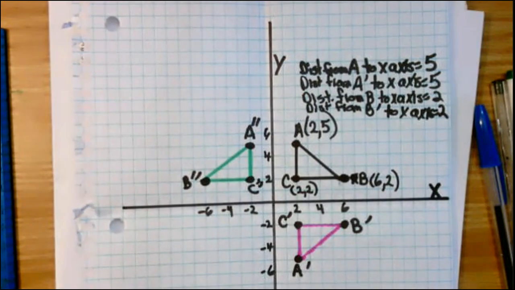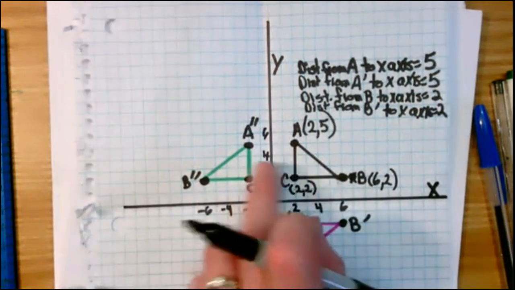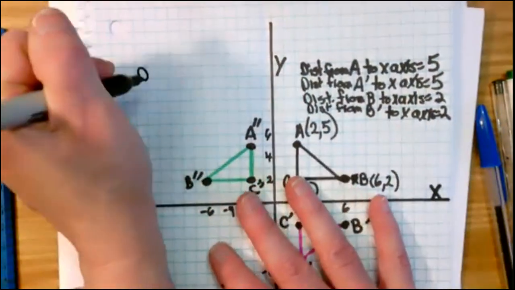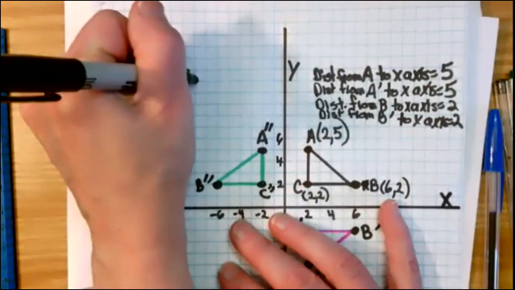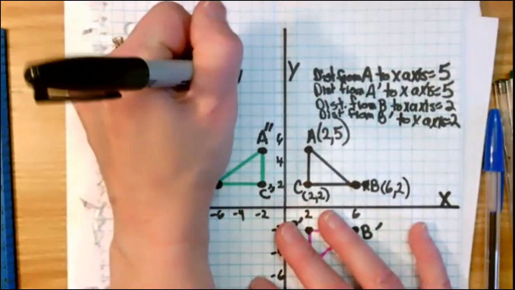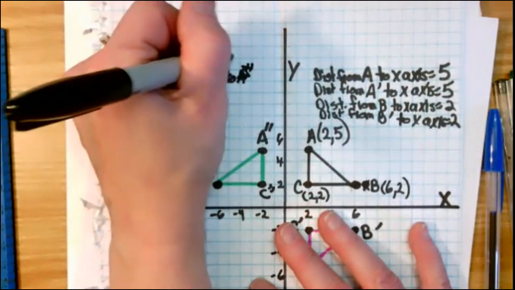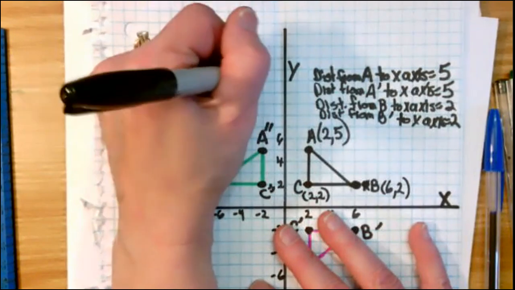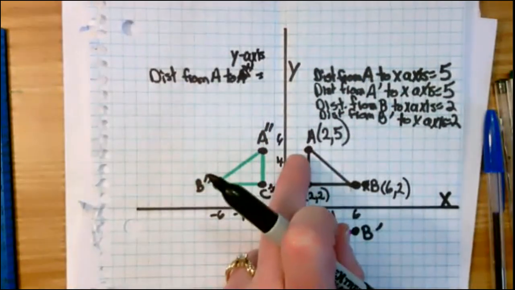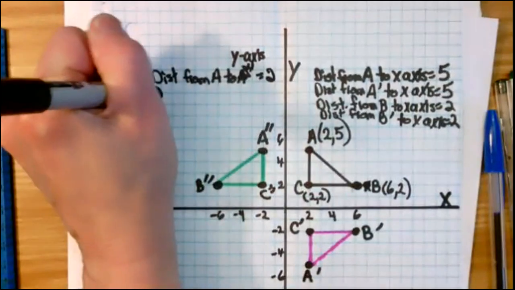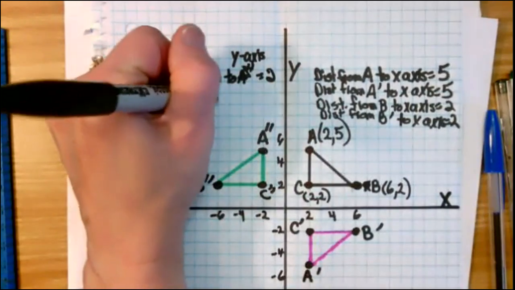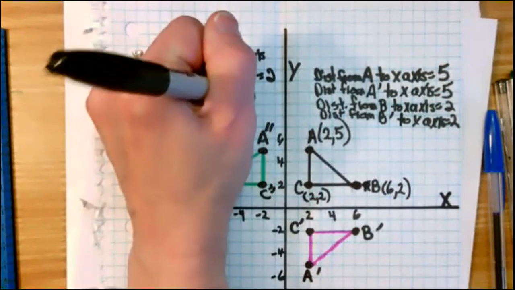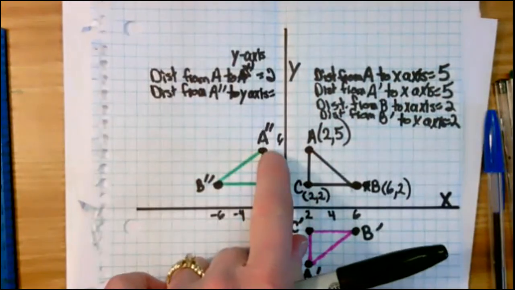So that's the property of a reflection, that each point on the triangle when you reflect it has to be the same distance from the line you reflected on as the original image. If we were to go this way, the distance from A to the y-axis is 1, 2, 2 units. The distance from A double prime to the y-axis, 1, 2, 2 units.